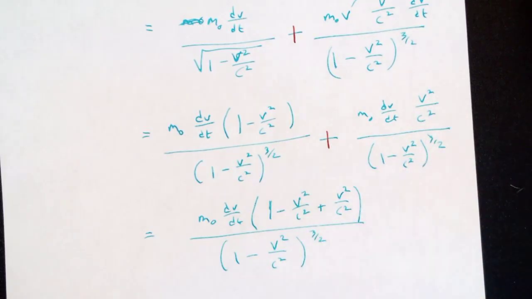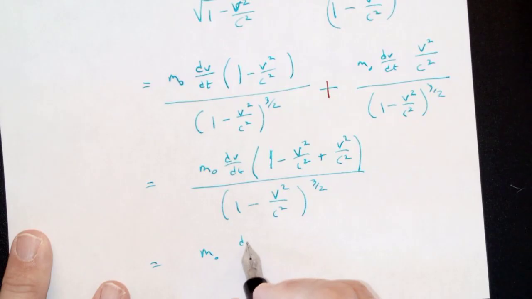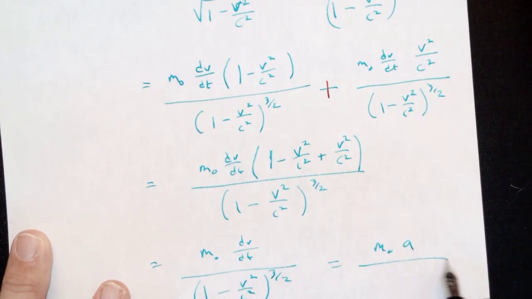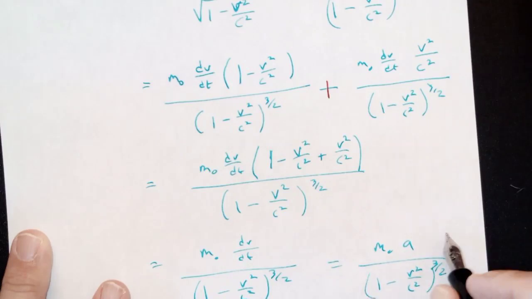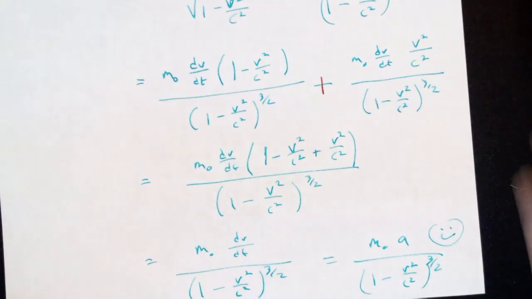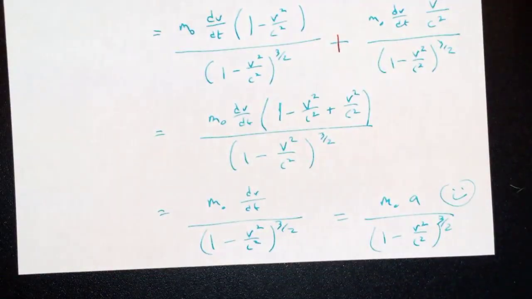What happens to those two? And that's the formula I wanted to get out of the book. You see how I needed to do the algebra to convert the formula I got into the formula they wanted.